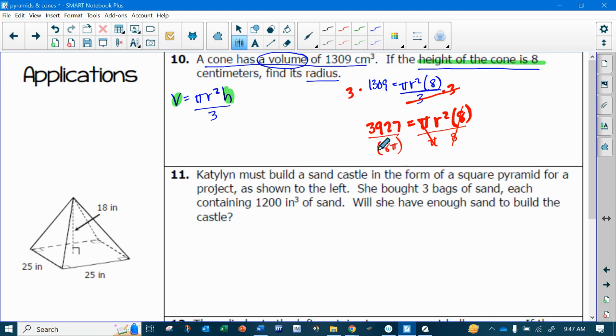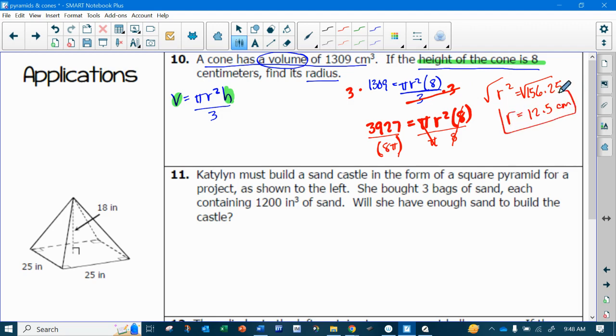Again, make sure you're putting parentheses around it so your calculator will know you want to divide. 3927 divided by parentheses 8 pi, I get 156.25. So r squared is 156.25, and this is where we take the square root. You get 12.5, and this is centimeters.